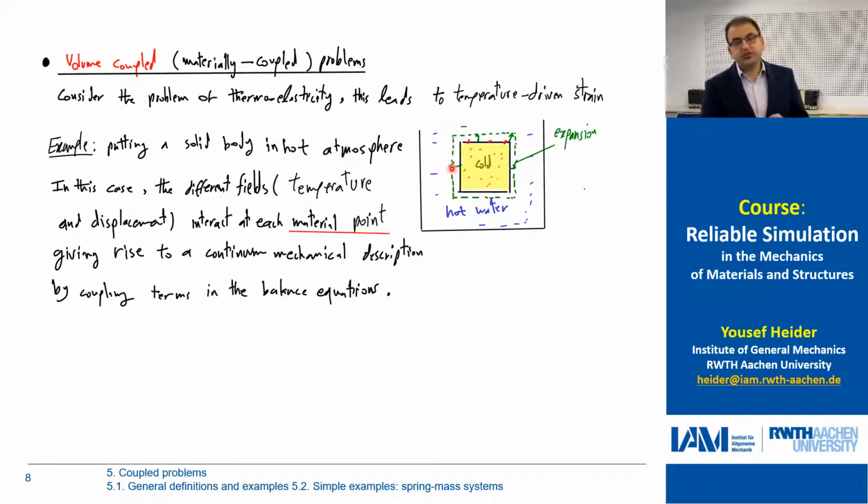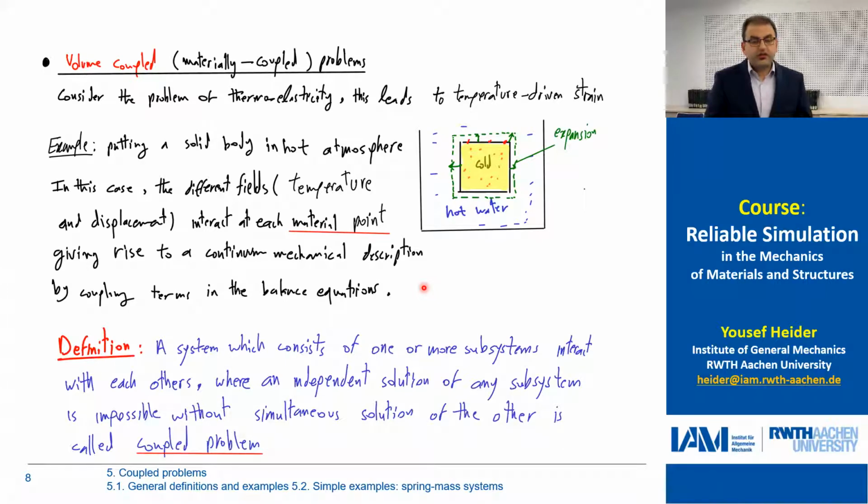So it is a volume or materially coupled problem. And in the continuum description, using continuum mechanics, you will see later, as I said, some coupling terms in the governing equations, which help us to understand and model this issue.